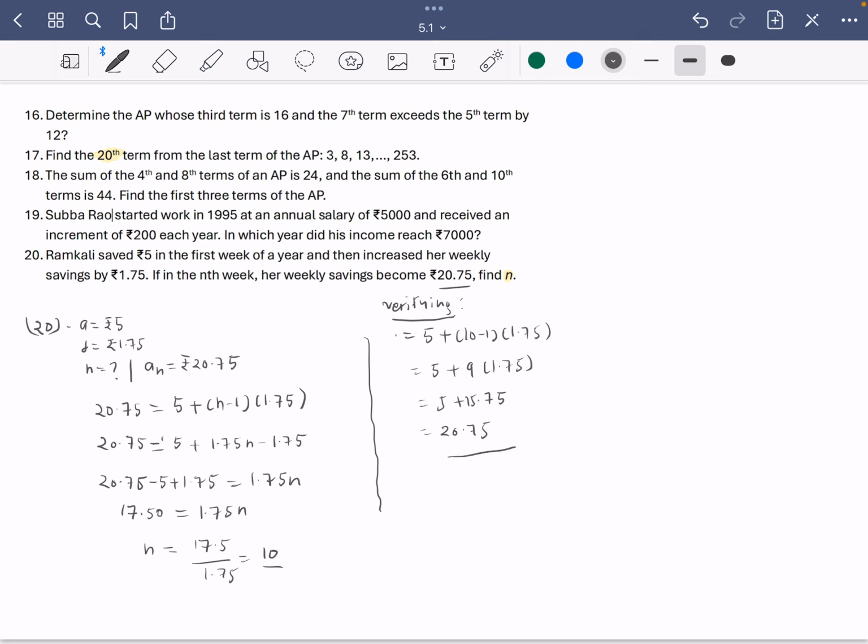Yes, that's what we wanted. So by the 10th week, her savings will become 20.75.